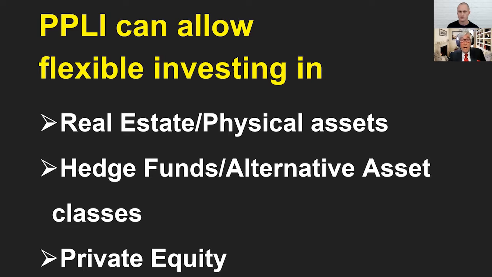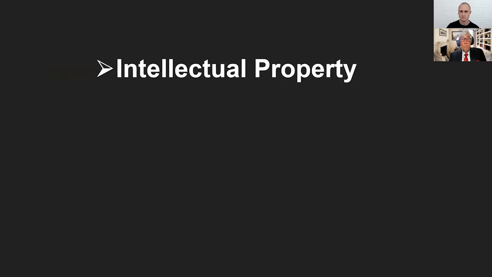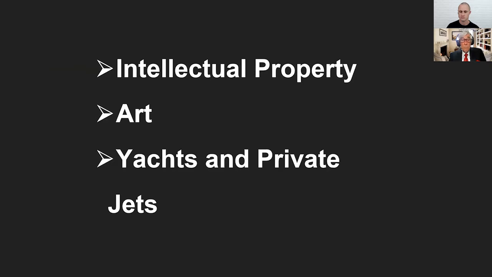But in PPLI, you can put in real estate, physical assets, hedge funds, alternative assets like oil and gas, timber, mining, private equity, intellectual property, art, yachts, and private jets.